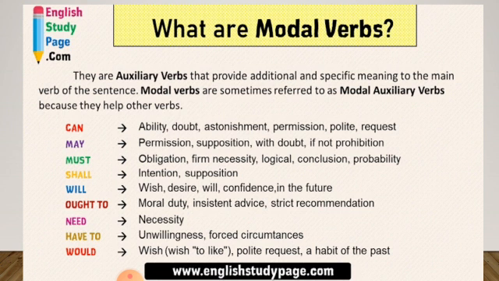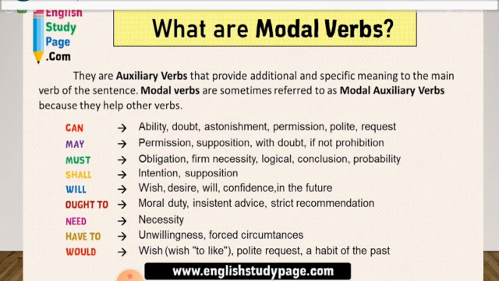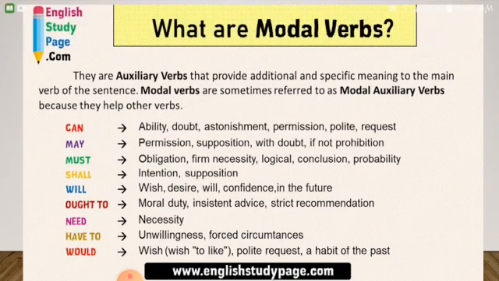For example, politeness: can you please pass me that jug of water, sorry. So this is politeness. Astonishment: I cannot believe this. When I say I cannot believe this, this is the expression of astonishment.